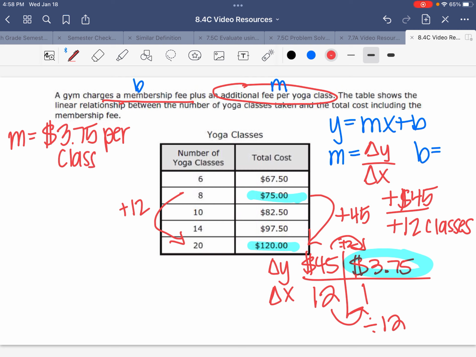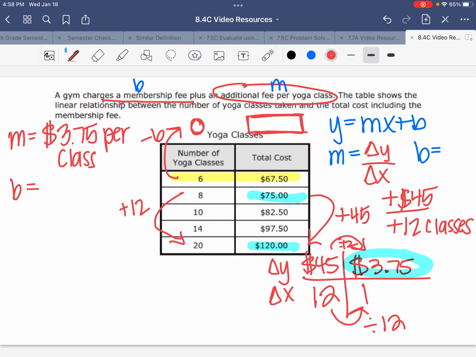But I still need to know what that fee is. I still want to know what B is. And so I'm going to work backwards. I see that I have 6 classes for $67.50. I'm going to use the information I have in my slope. I want to get backwards to 0. I want to know how much it costs me when I've done 0 classes. So I want to subtract 6.